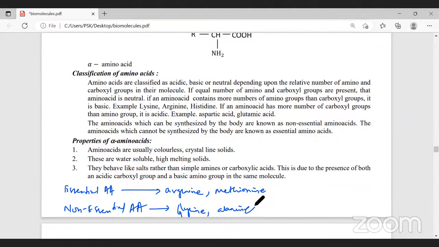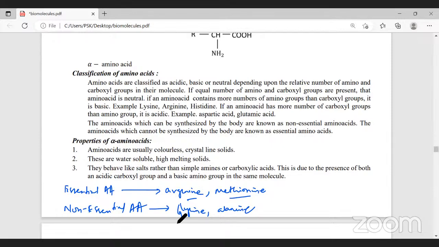So amino acids which are not synthesized in the body, amino acids which have to be supplied through diet, will be called essential amino acids. Example, arginine and methionine. Non-essential amino acids are those synthesized in the body, which are not necessary for us to be supplied through diet.